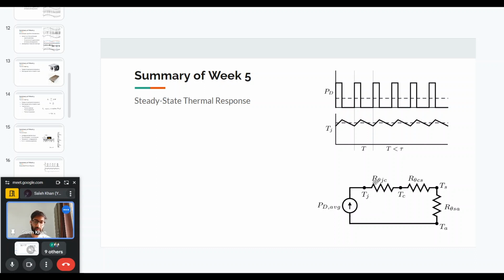And then we have three thermal resistances in the circuit. The first one is the thermal resistance from the device junction to the device case. And this will be given in the data sheet of the device. And then we have thermal resistance between the case and the heatsink. This can be given in the data sheet of the device, or it can be a separate material that we place between the device and the heatsink.